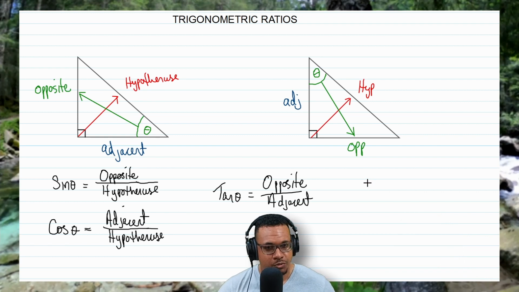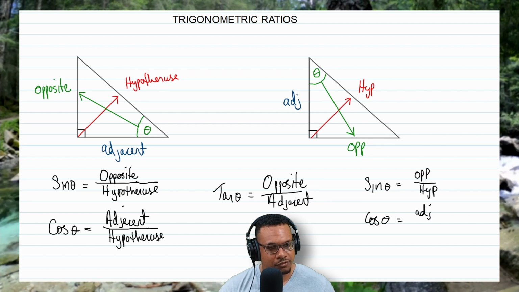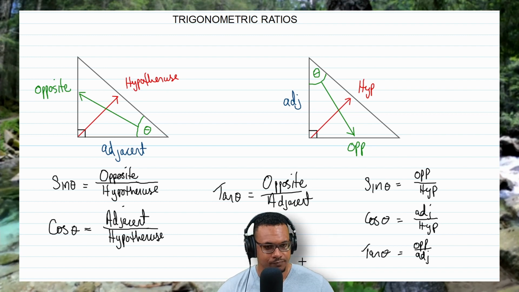Now, writing these ratios in shorthand: sine theta is OPP over HYP, cosine theta is ADJ over HYP, and tan theta is OPP over ADJ, short for opposite over adjacent.